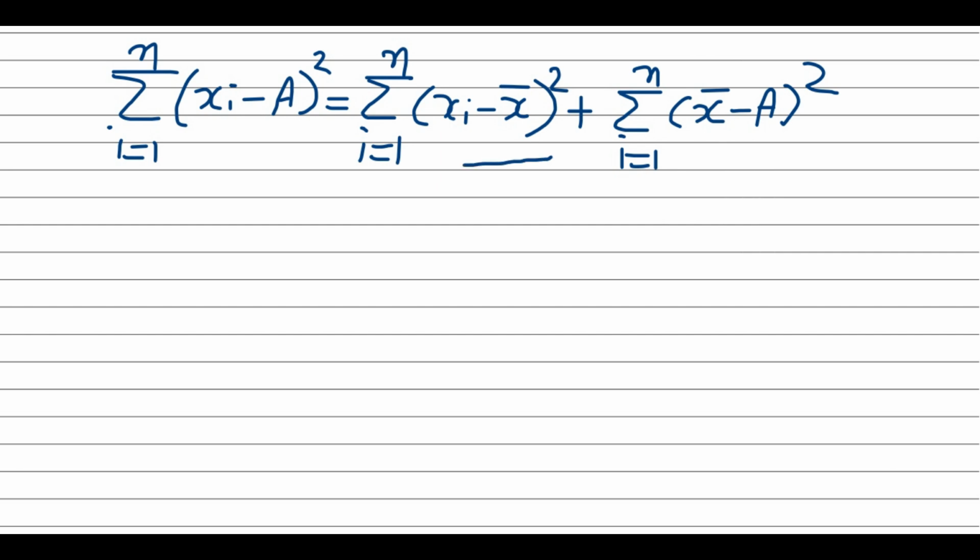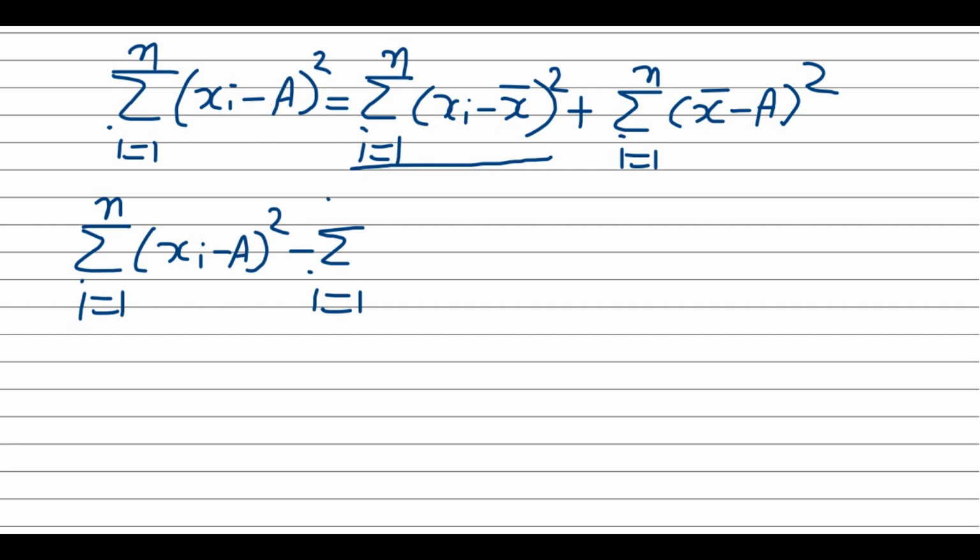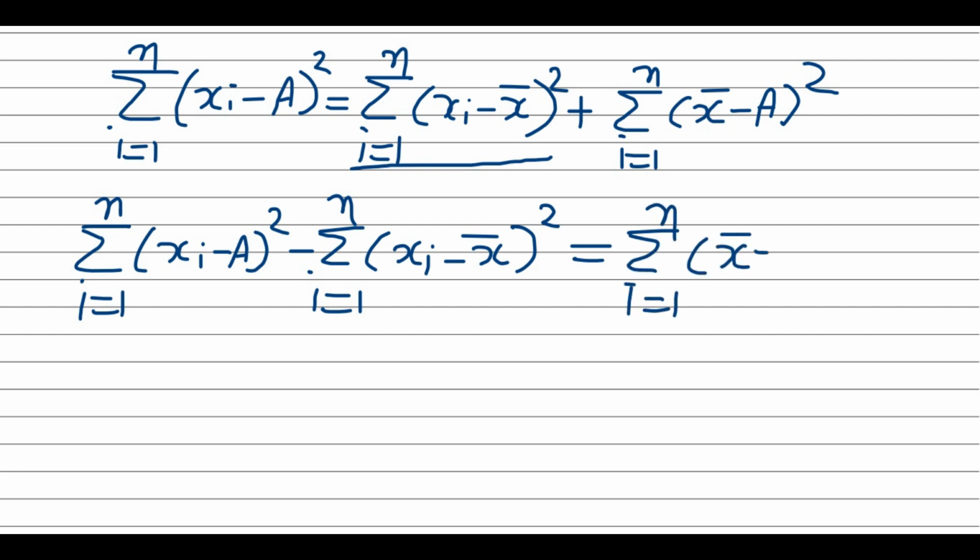Now let us transfer this term to the left side. So you will have summation over i = 1 to n (xi minus a) whole square minus summation over i = 1 to n (xi minus x bar) whole square, that would be equal to summation over i = 1 to n (x bar minus a) whole square.